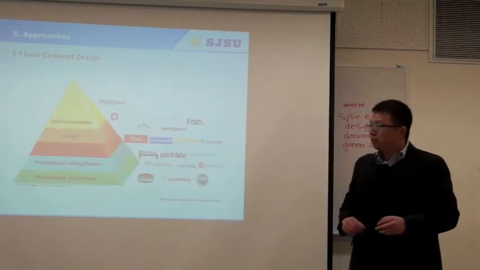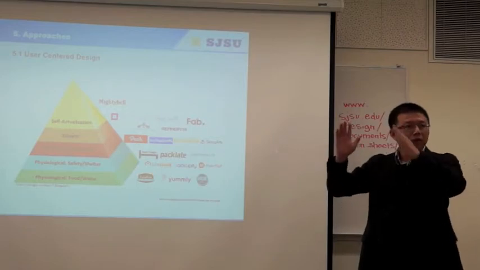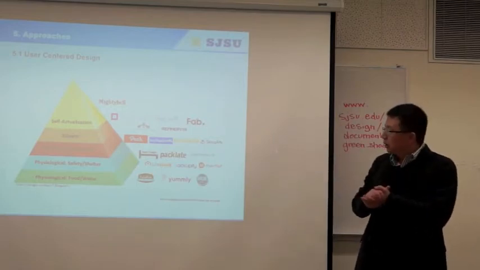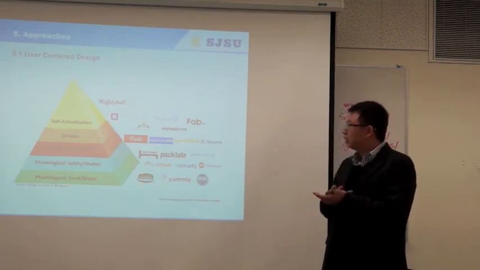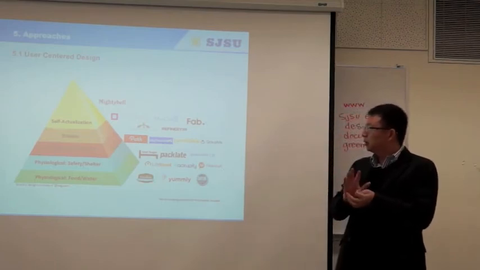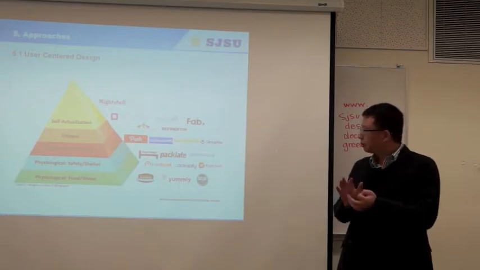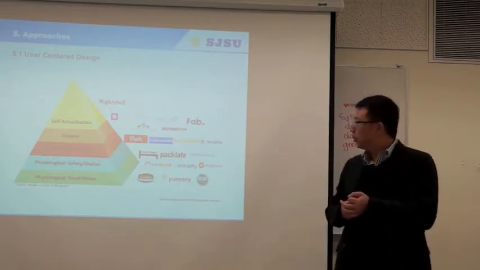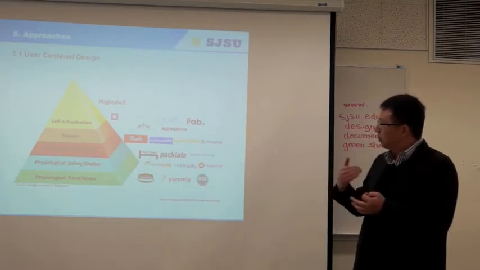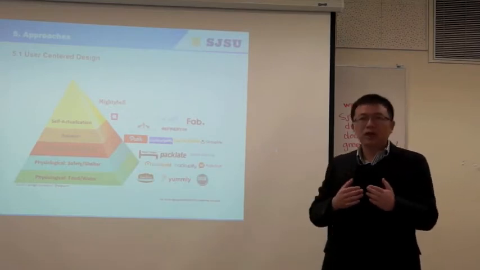So we all know Maslow's hierarchy of needs, people's needs. We have basic fundamental physiological needs, food, water, safety, shelter, right? We have belonging needs, social needs, where we want to be respected, and self-actualization.